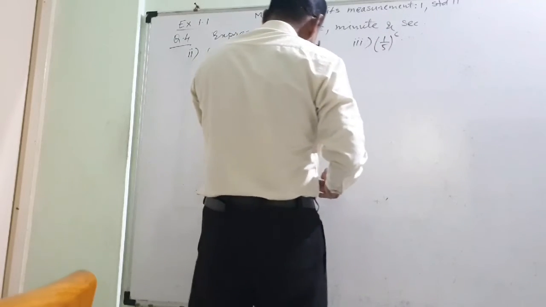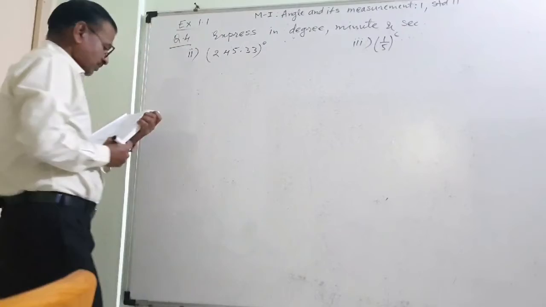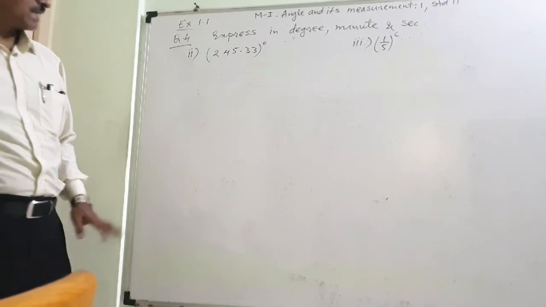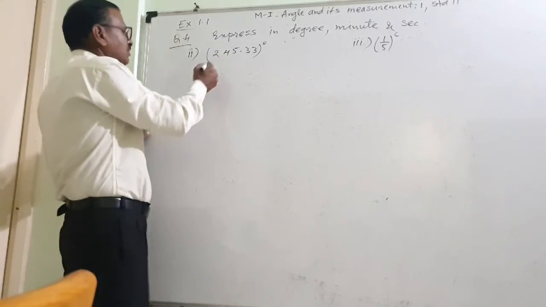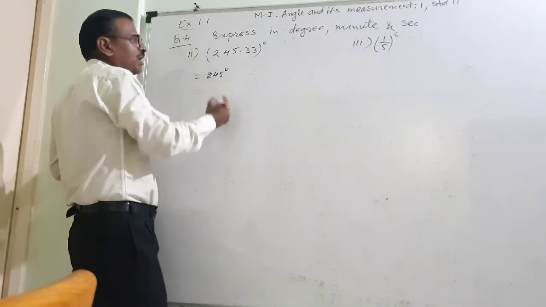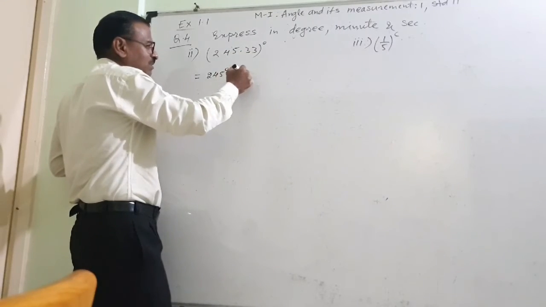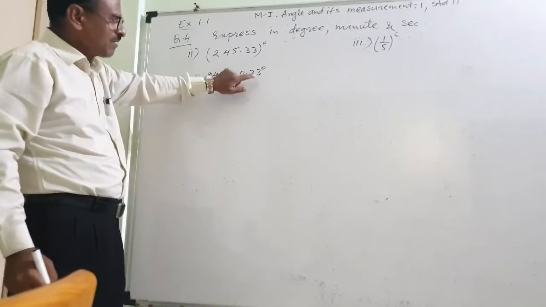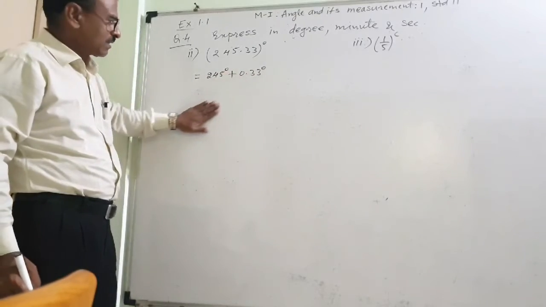This also I have to convert into degree, minute and second. So this is equal to 245. This is the full degree and these are in the decimal point, 0.33 degree. This part I will convert into minute and second.